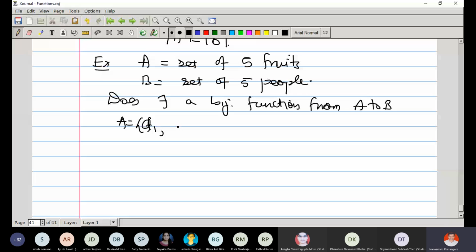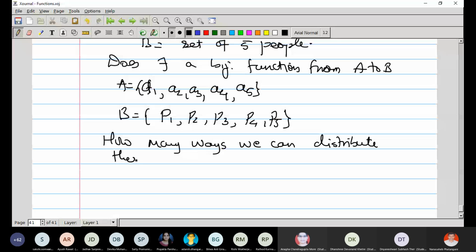How many ways can we distribute these five fruits among five people? Is the question clear?